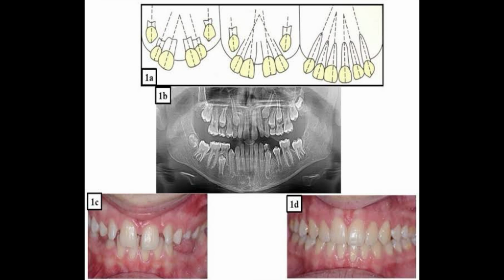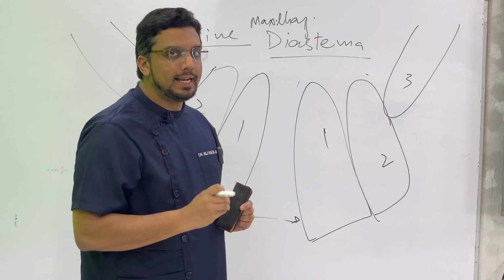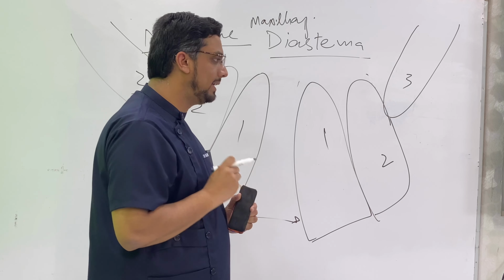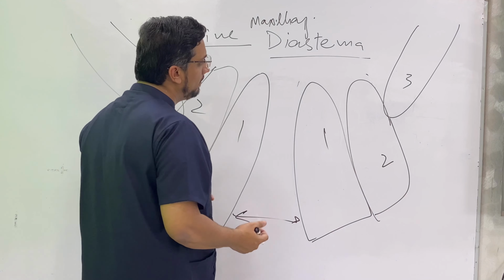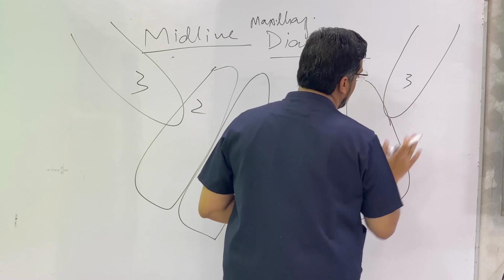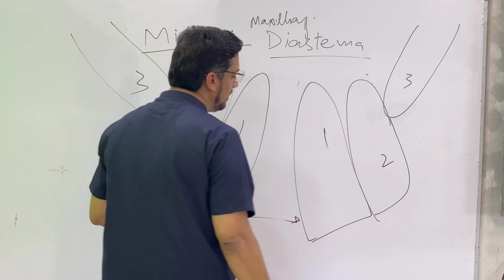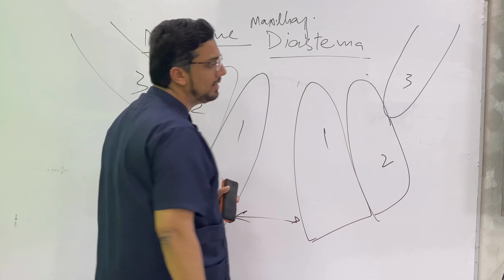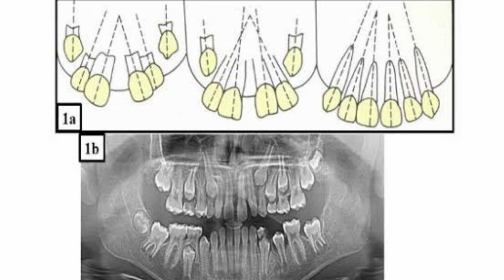This stage is called the ugly duckling stage. This is a normal feature of the mixed dentition, and any clinician should be trained enough and wise enough to diagnose the ugly duckling stage. Because of the typical feature, the canine would be unerupted, or maybe the lateral incisor may be unerupted, and you would have distally angulated central incisors.